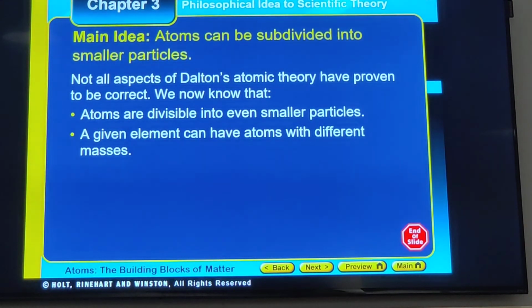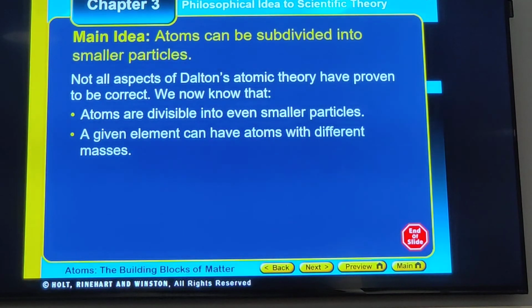Protons can't be different because what element it is is determined by the protons. We're talking about the same element, so it can't be electrons because they're too small, and it can't be protons because then I'd have a different element. So we're down to neutrons. The different isotopes have different numbers of neutrons.